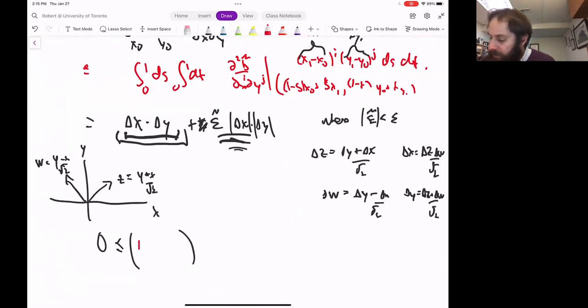So here I have something like delta z squared minus delta w squared. And then I have this plus this error that depends on both. It depends on the product of delta z and delta w. But I guess it can all be controlled by delta z, delta w.